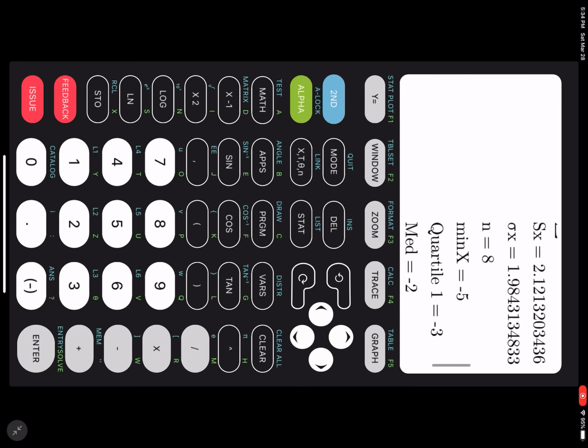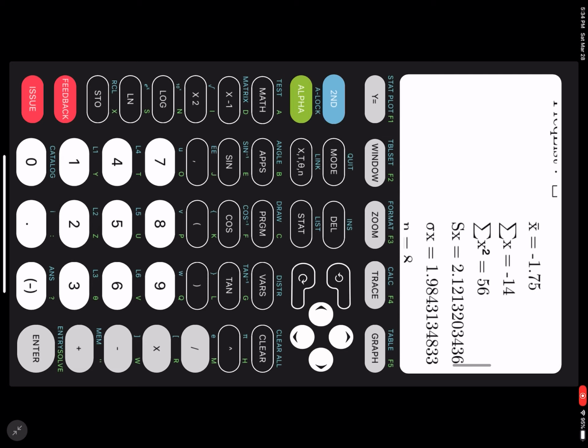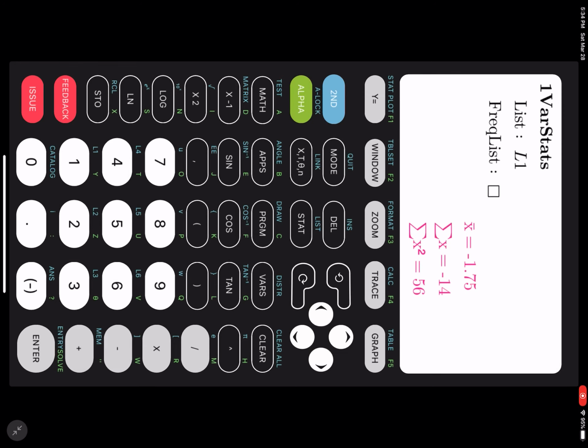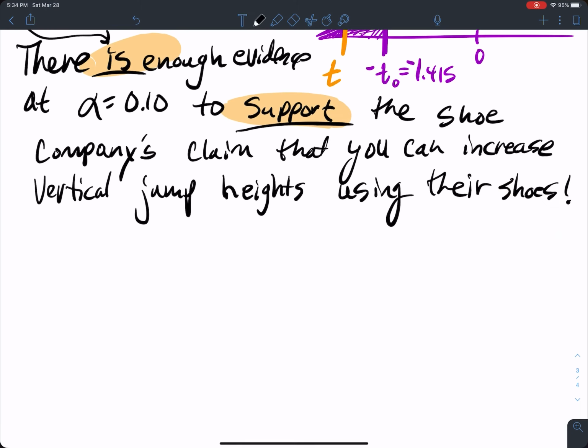And this gets me those same values. I hope that looks familiar. The X bar is your D bar. The SX is your SD. Okay? So that tells you, you don't have to do the math on that. You can just use your calculator as long as you know X bar is D bar and SX is the SD.